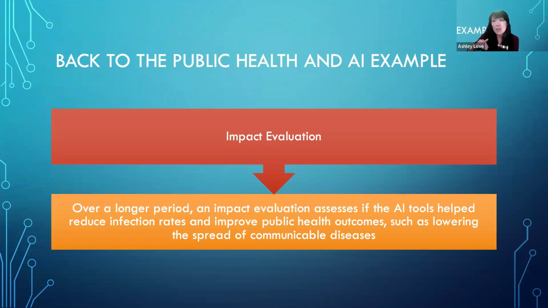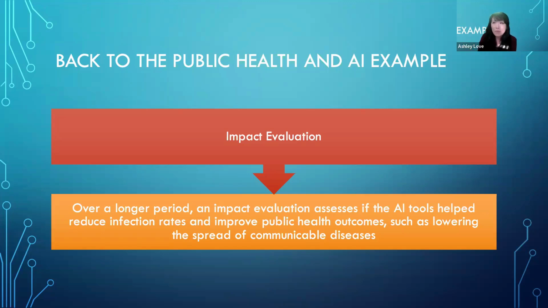We're also looking at public health outcomes, meaning there may be some measures that would reliably show that reduced infection rates also improve public health outcomes, such as lowering the spread of communicable diseases. So we have less foodborne diseases or less of certain diseases in certain areas when we know that there's a steady level of certain diseases in the area.